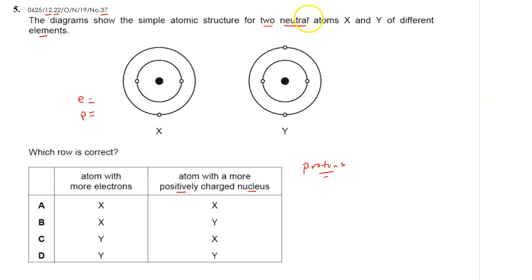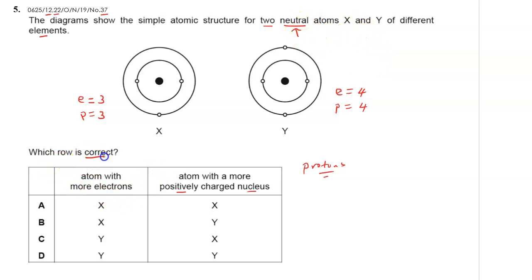Since we are told the atoms are neutral, they should have the same number of electrons and protons. Here X has 3 electrons, and therefore it has 3 protons because it is a neutral atom. What about Y? Y has 1, 2, 3, 4 electrons, and therefore it should also have 4 protons for it to be neutral.